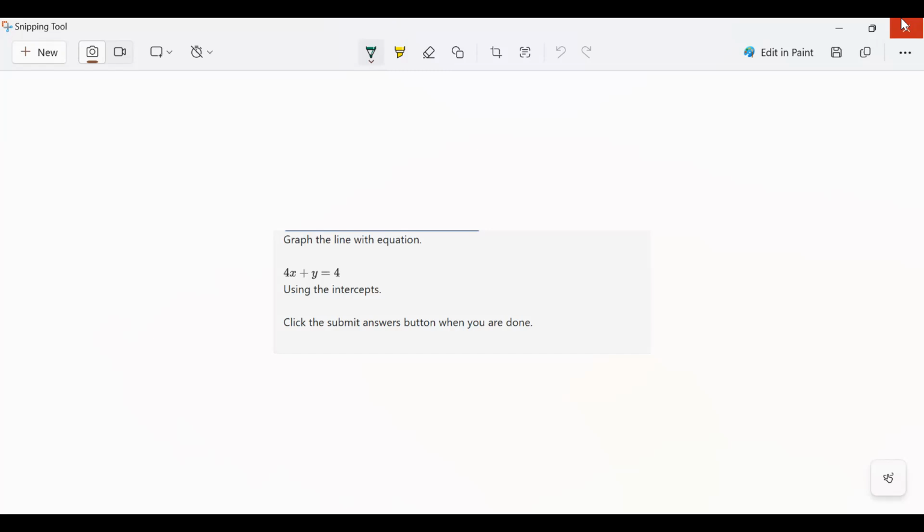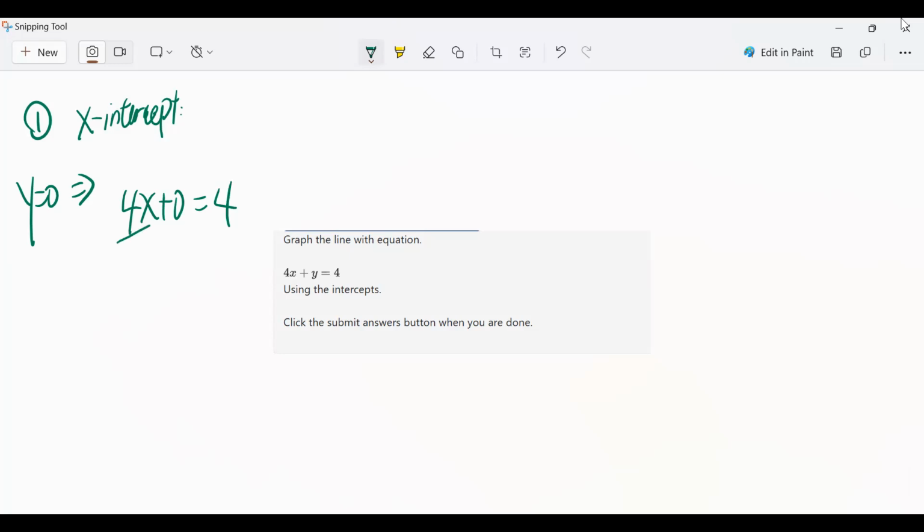Okay, let's go over the solution. Again, first we start with the x-intercept. So y equals 0, solve for x: 4x plus 0 equals 4. We divide by 4 on both sides of the equation. So x equals 1.